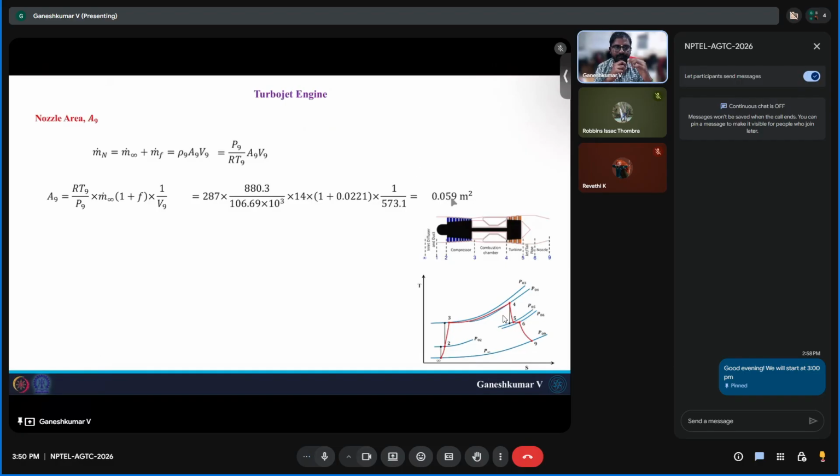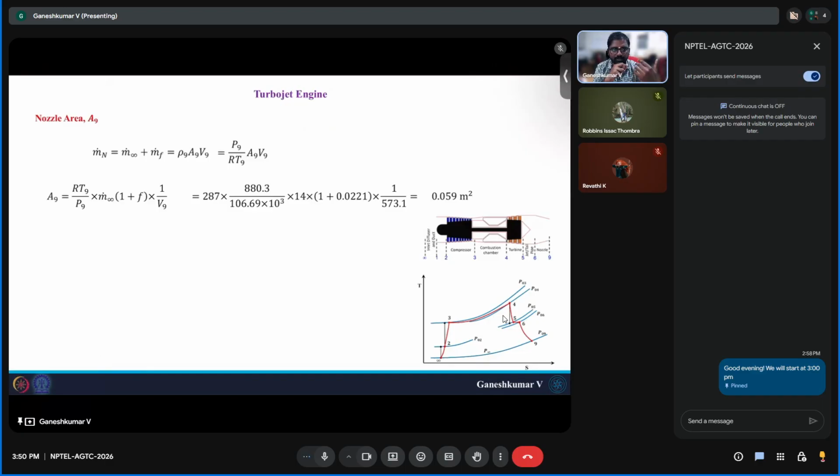Which means for these conditions, let's say you have to design your gas turbine engine for a single design point. It could be any engine, for any application. Let's say it is flying at this altitude with this ambient pressure and temperature, moving at 280 meters per second.